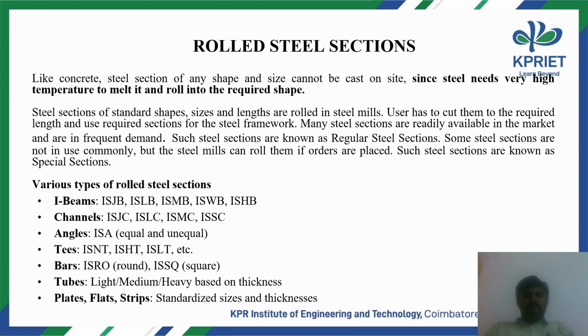Bars are also classified into two types. First one ISRO, the round bar. Another one is Indian Standard square bar. And the tubes, we have three types: light, medium, heavy, based on the thickness. And then plates and flats are classified based on the thickness.